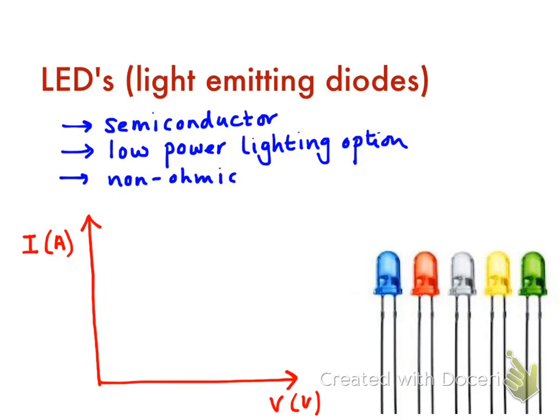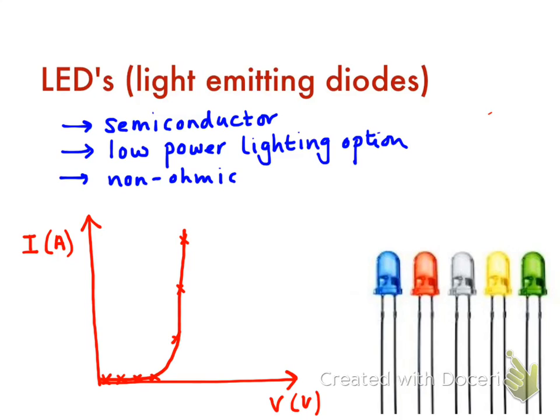If we plot a graph of current against voltage, notice that the axes are swapped around here. I've got current on the y-axis and voltage on the x-axis. And if we now take different data points, they start to look like this, which is a very interesting pattern.